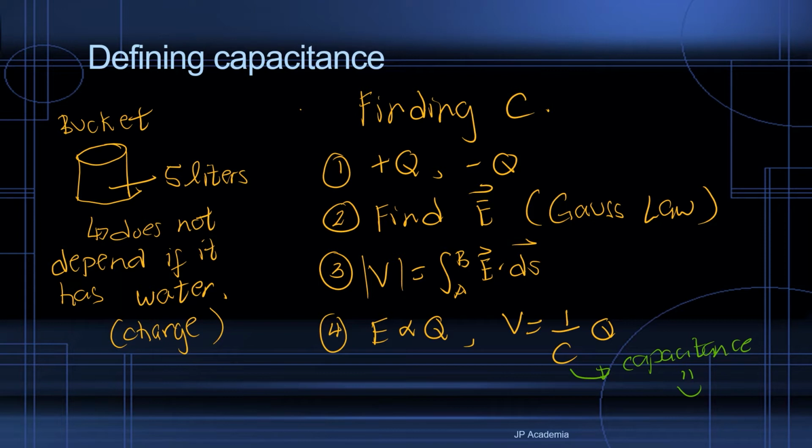You may also use this line integral shown here. Fourth, given that the electric field is proportional to Q, you can find the capacitance C using this relationship. So we have your electric potential V is equal to 1 over C times Q, and your C is your capacitance.